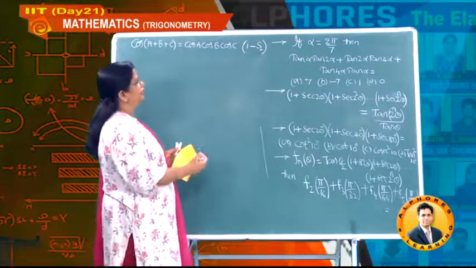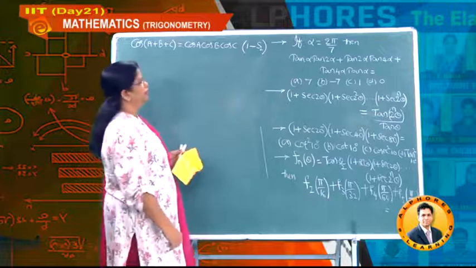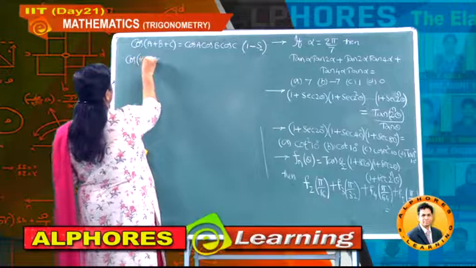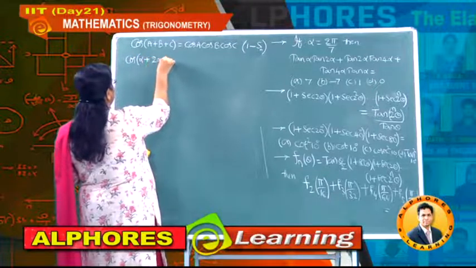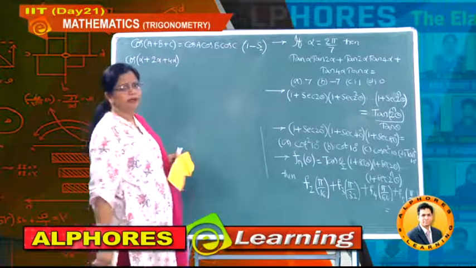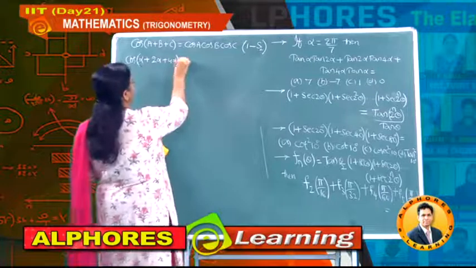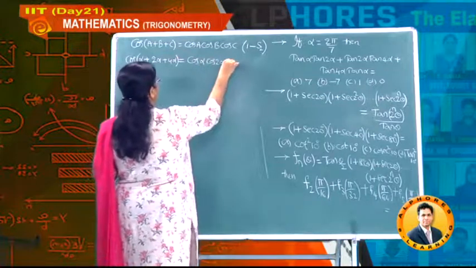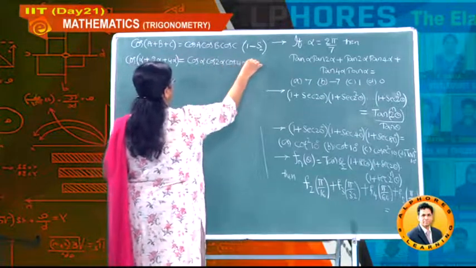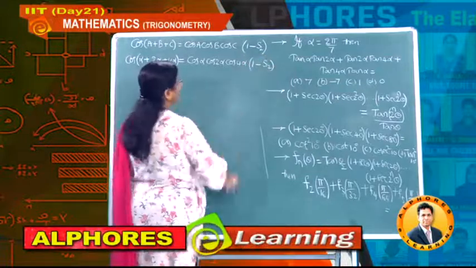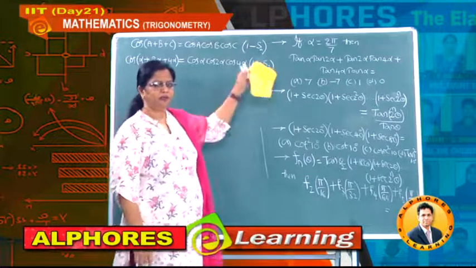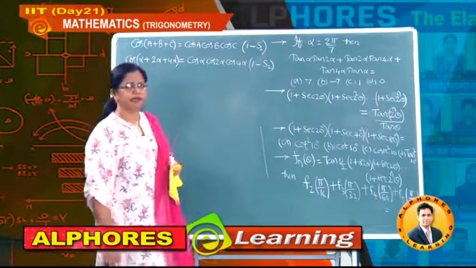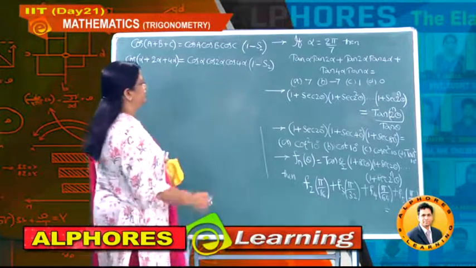Now I want to make use of this formula. First let us add alpha plus 2 alpha plus 4 alpha, right. Now this is nothing but cos alpha into cos 2 alpha into cos 4 alpha, into 1 minus S2. S2 is nothing but the sum of products taking 2 tan terms at a time. Now what is the value here?